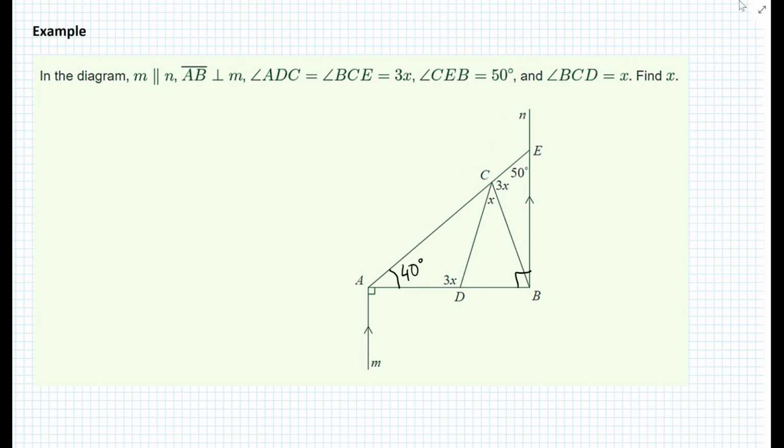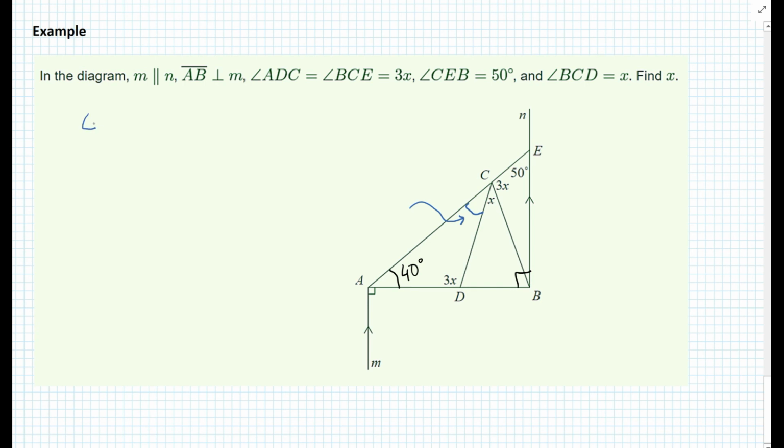So what can we say about this angle here? So I'll use a different color here. What can we say about this angle? Well, we can express this angle also in terms of x, right? We know that in triangle ACD, everything sums to 180, right?